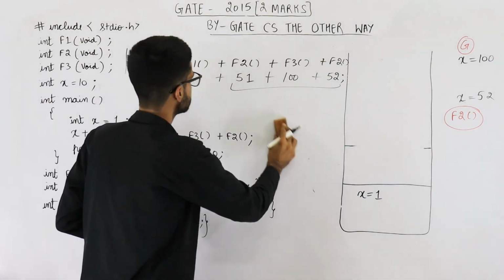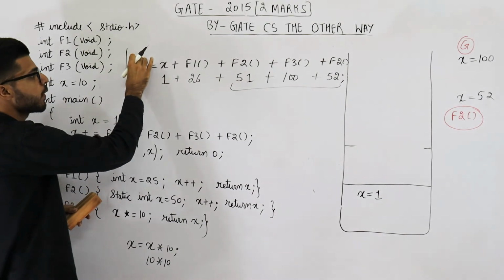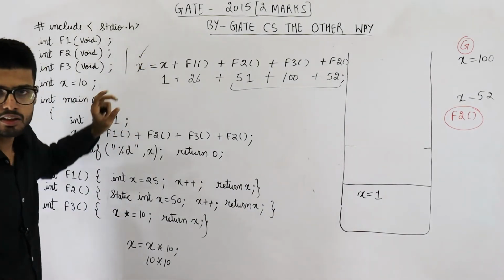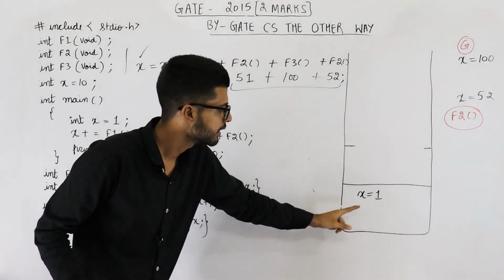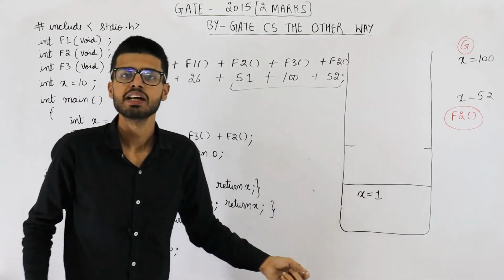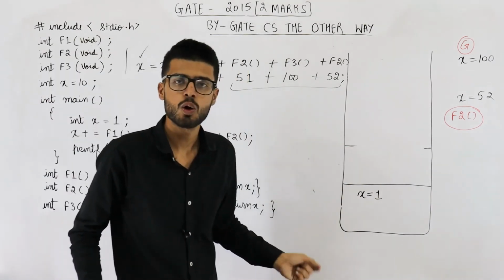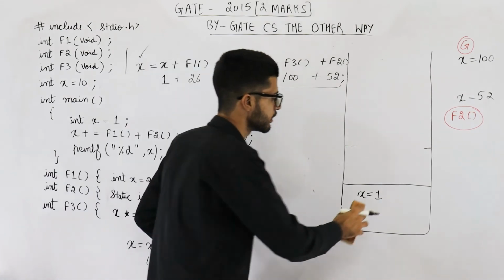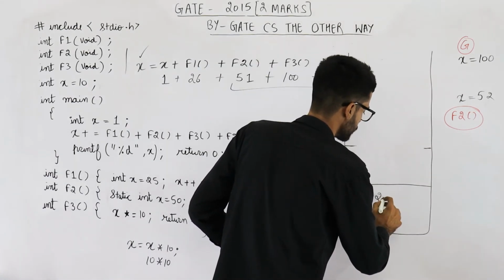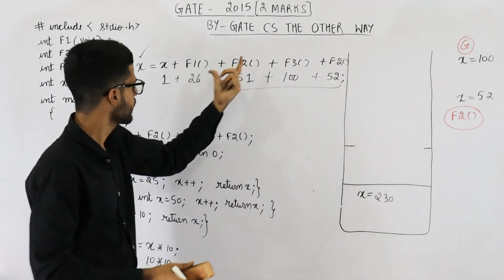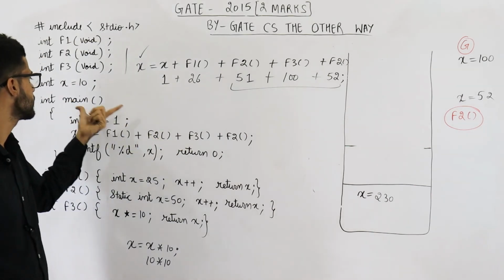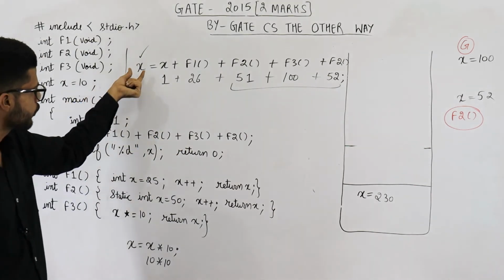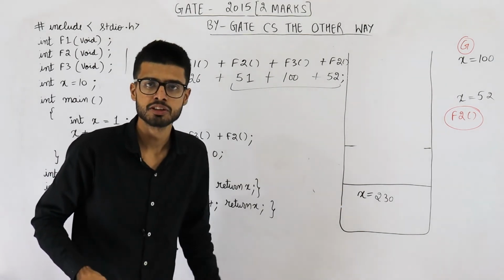So we want to assign 230 to a variable called x. And currently we are in main function. That means find any variable named x inside the activation record of main and assign it a value 230. So this one becomes 230. See, this line is written inside the main function. So if you want to find x, first look in the activation record of main.